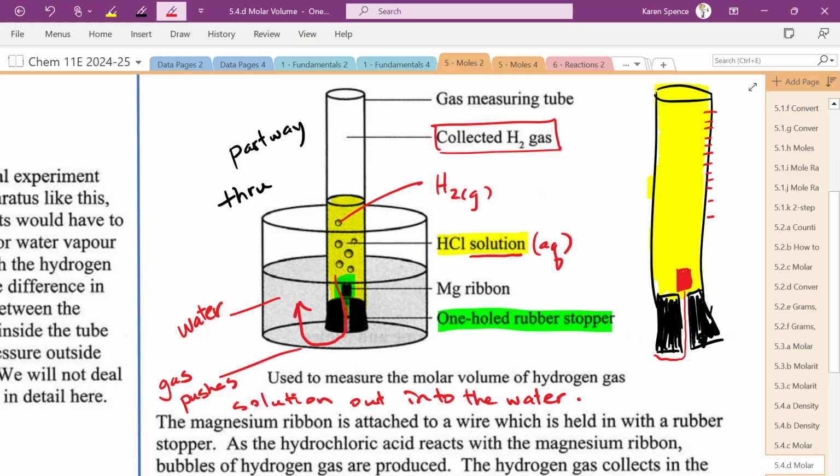Once you've got that, you're going to fill the gas collection tube with water. I can only get it about 1 centimeter from the top by using the sink, so I'm going to fill it the rest of the way with a little bit of the water from the beaker. So fill that all the way to the tippy top.